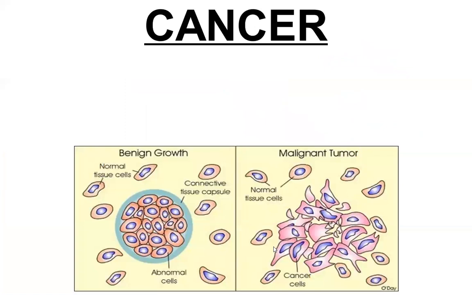That's the next disease. It's called cancer. And we are familiar with the term cancer. What exactly is cancer? Cancer is uncontrolled division of cells. Our cells divide, but this is uncontrolled division of cells, right?